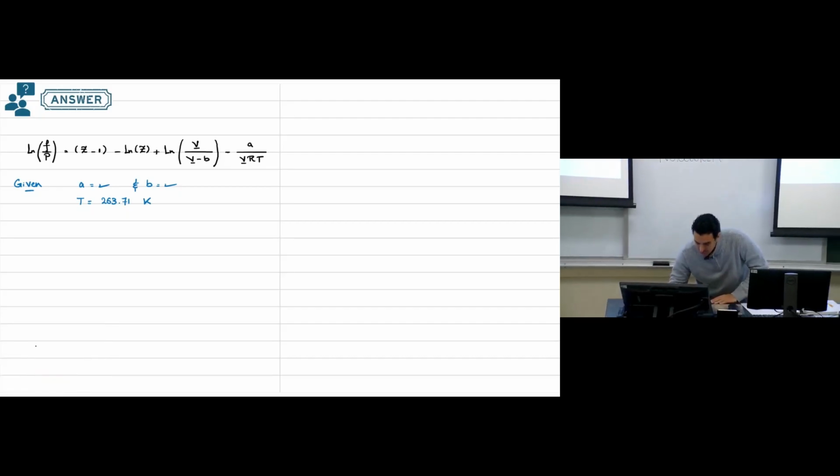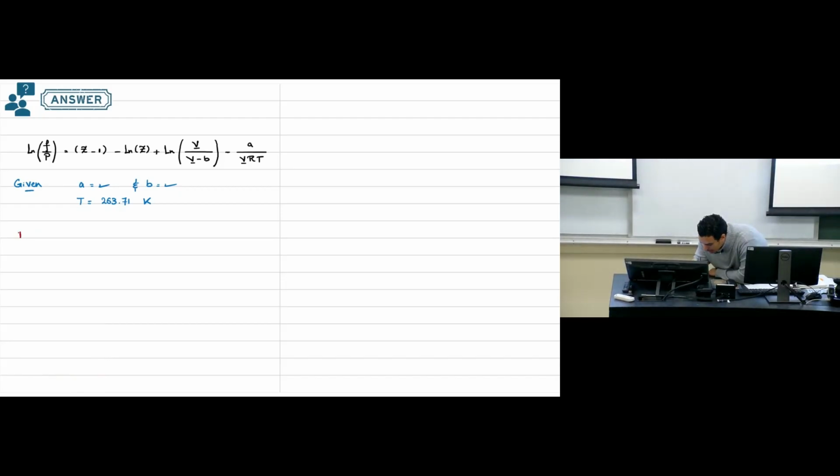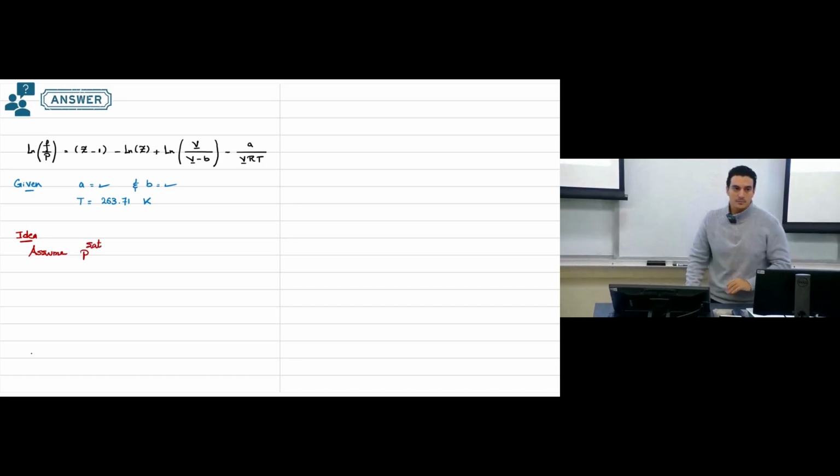So in order to solve this problem, the whole idea is you will assume a saturation pressure value. This is the first step.